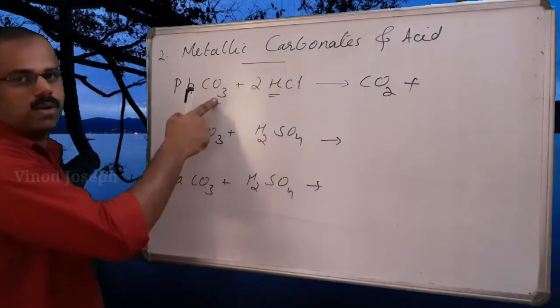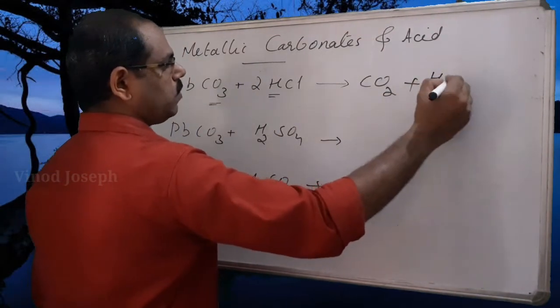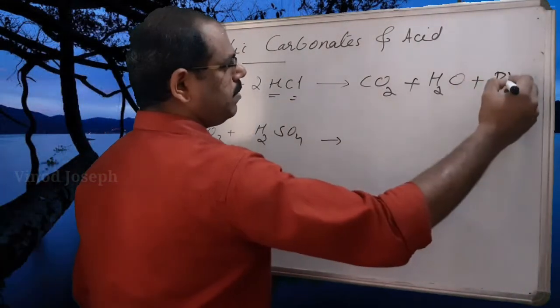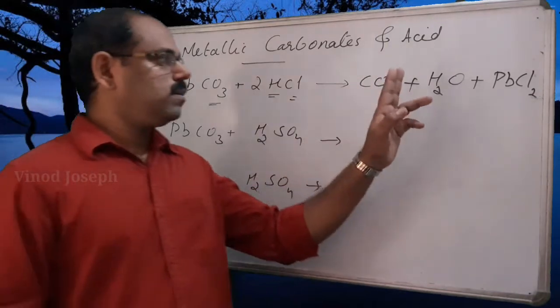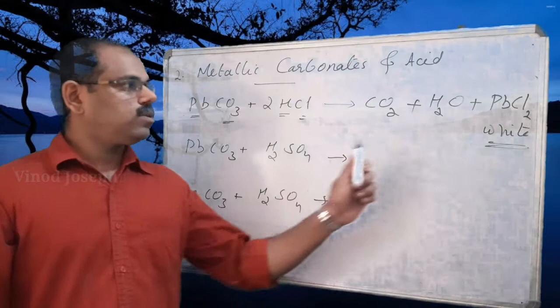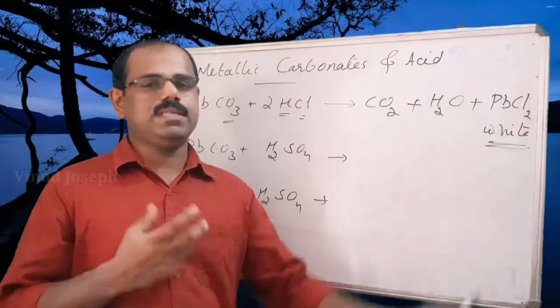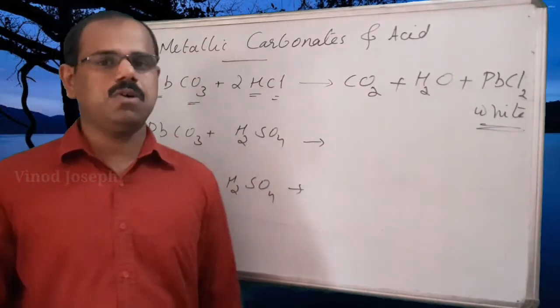Hydrogen with 1 oxygen of the carbonate gives water. And the chloride of lead is lead chloride, PbCl2. Carbon dioxide is a gas, water is in liquid form, and lead chloride is a solid. So here we get lead chloride, which is a solid white precipitate. Once such a solid precipitate forms, the reaction stops there.